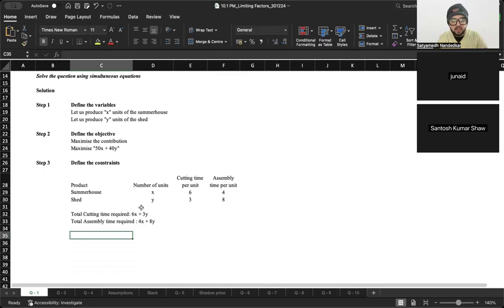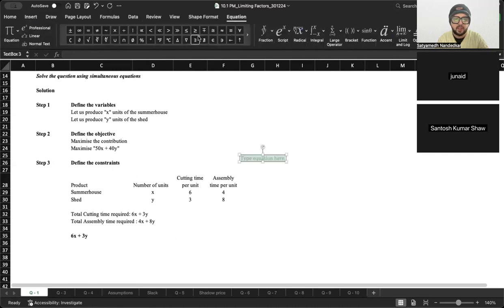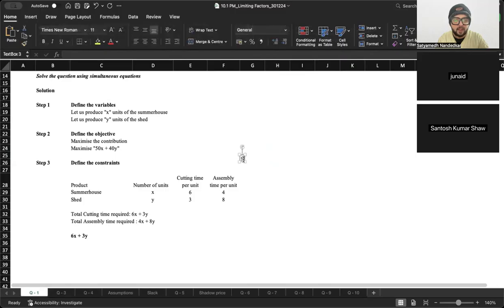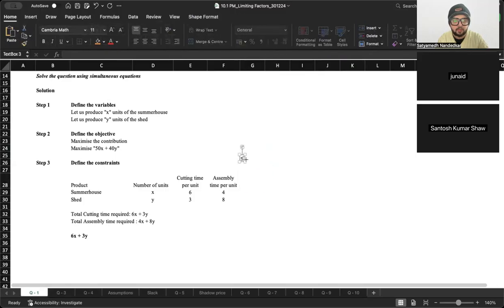So our first constraint will be defined as 6x plus 3y less than or equal to 36.